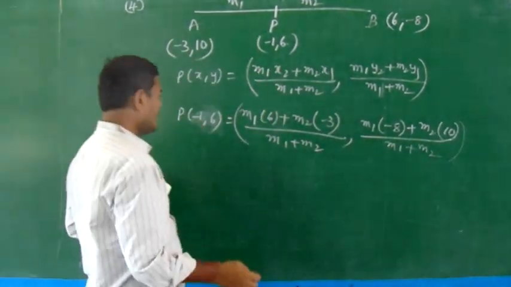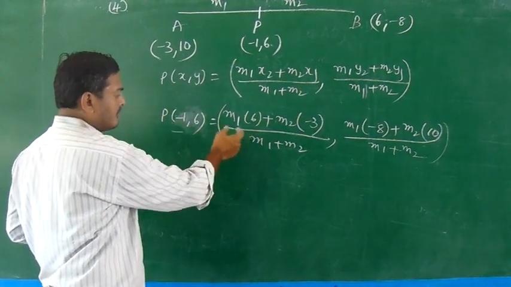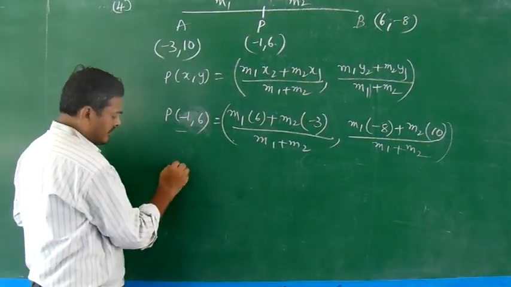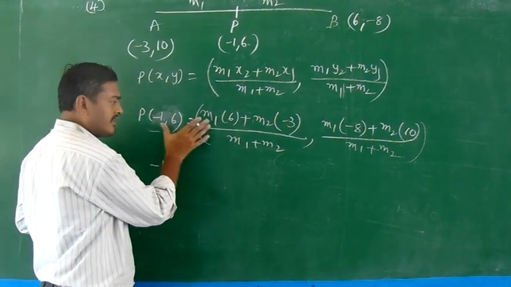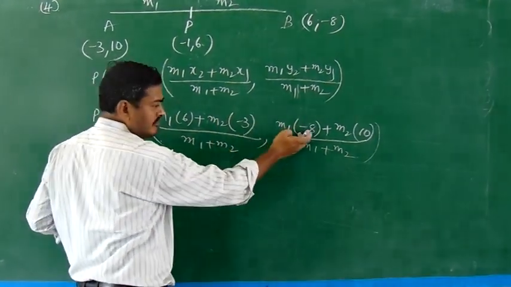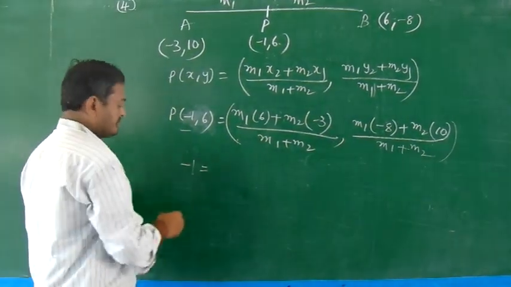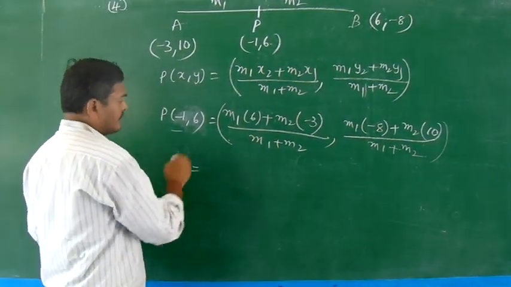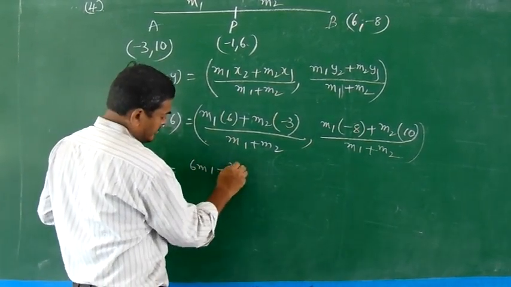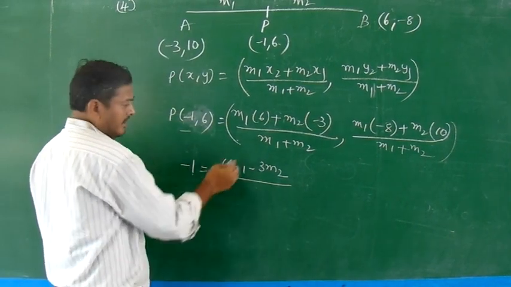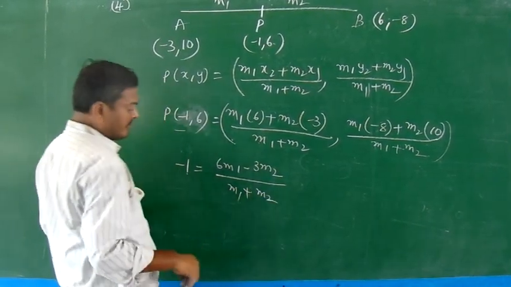Now any one value can be equalized, the x value or the y coordinate. So I am taking minus 1 equal to the x value. If you take 6 equal to the y value, we get the same ratio and the same answer. Minus 1 equals 6m1 minus 3m2 by m1 plus m2.